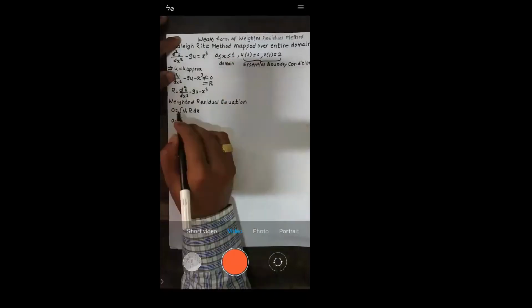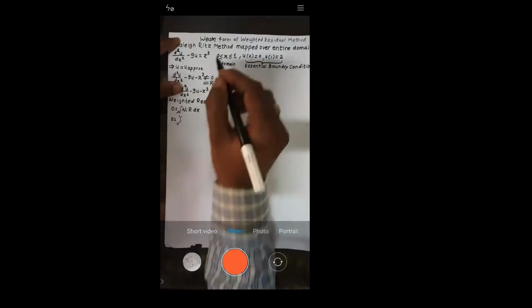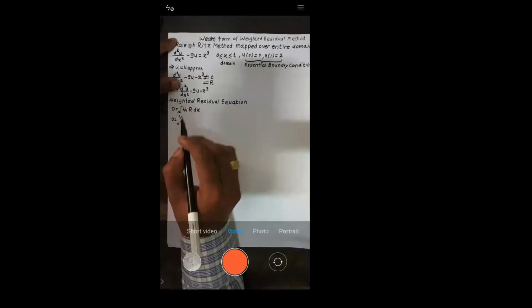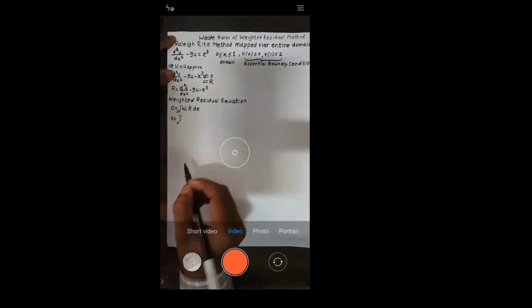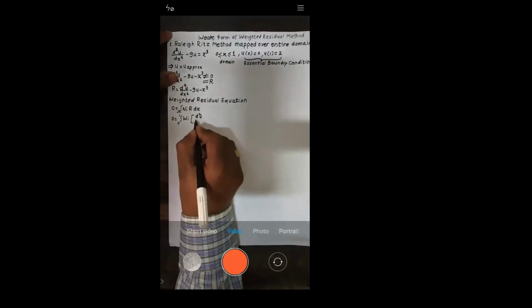So obviously for the integration you need to give the limits, that means you need to specify the range. So it is 0 to 1, Wi, the weight function, into r, where r is d square u by dx square minus 9u minus x cube. Is it okay?